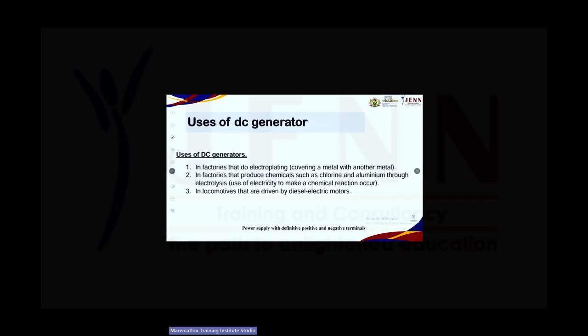Now, if we look at the uses of a DC generator, then some of you might have started with electrochemical cells already. So this is a DC generated direct current. We use the batteries in factories for electroplating. So that is to cover a metal with another metal.